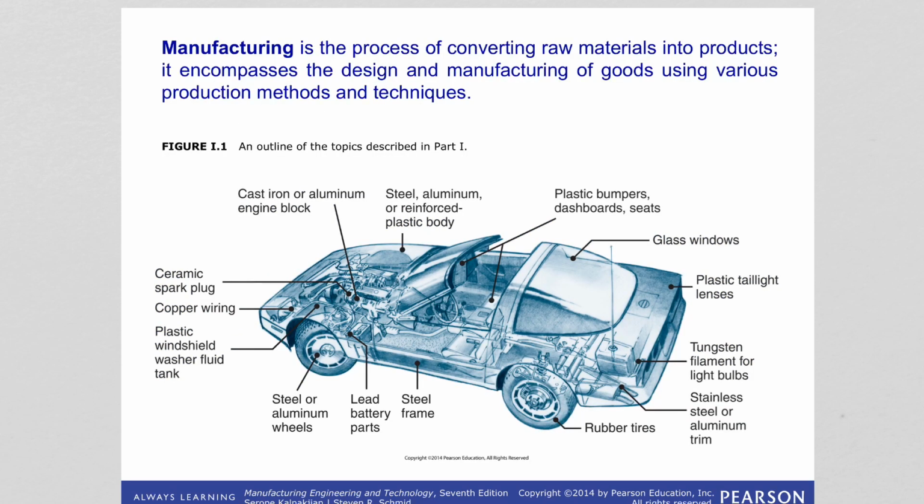So what is manufacturing? It is the process of converting raw materials into products. It encompasses the design and manufacturing of goods using various production techniques. So when we say manufacturing, it includes the raw materials and it includes the design part and of course the manufacturing.